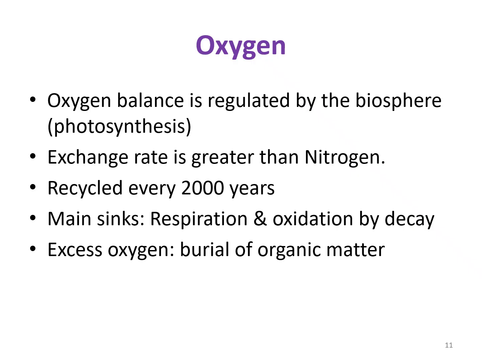Without oxygen, things cannot burn either. Free oxygen in the atmosphere is a product of plant photosynthesis: plants take up carbon dioxide and in the process of photosynthesis, they release oxygen. The main sinks are respiration and oxidation by decay. Excess oxygen is used in the burial of organic matter.